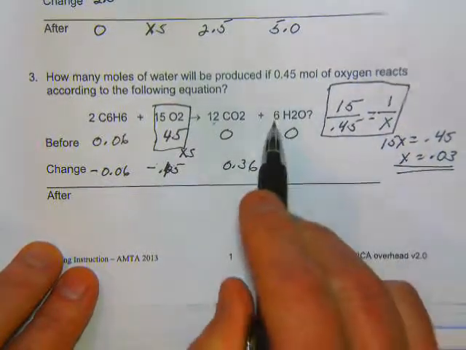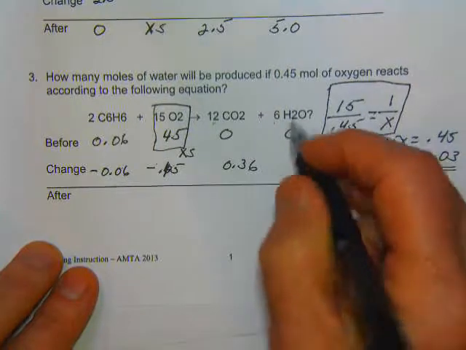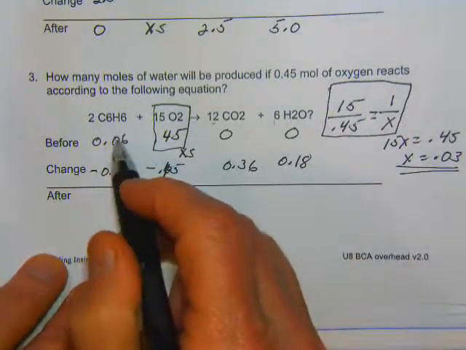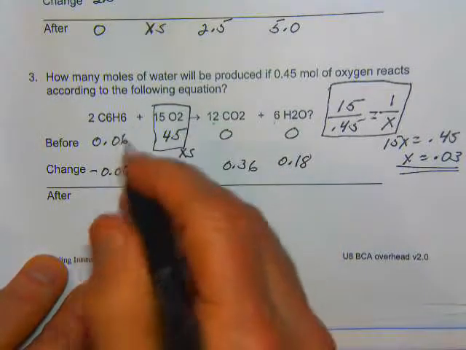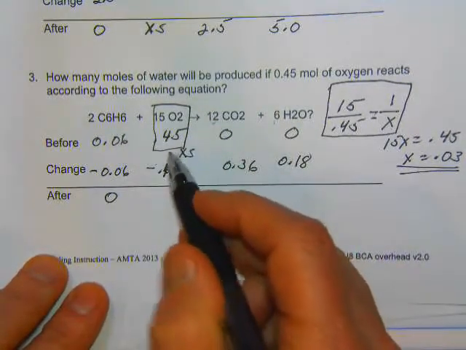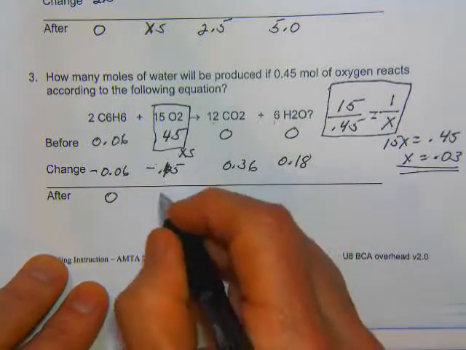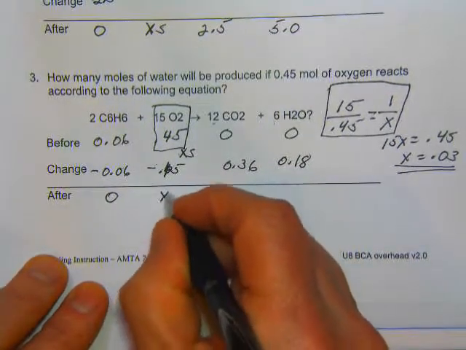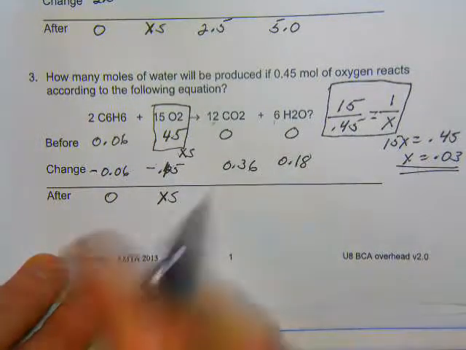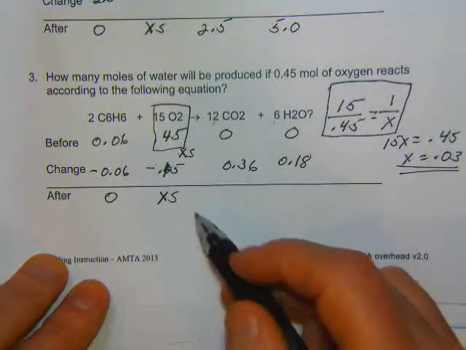And then we're going to produce 6 times this amount, which is 0.18. Well, we're going to use up all the C6H6, so we're going to have nothing. O2 is, again, going to be in excess. So we can put down excess. We used up 0.45, but we got plenty of it around, so it's going to be the excess.